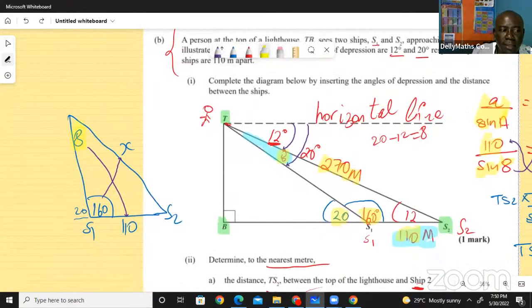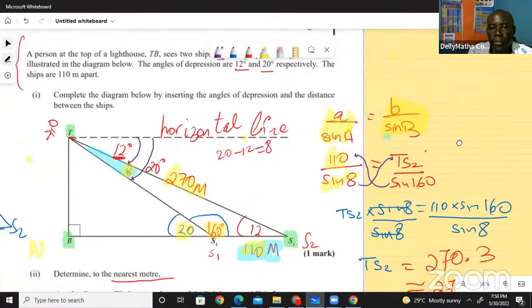The 8 is opposite to that. That means the formula says put the 110 over the sine of 8, and then you put the side that you want to find, which is x over the 160. That's the sine rule.